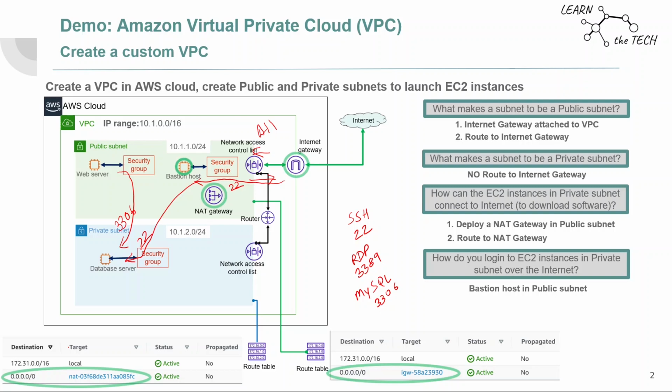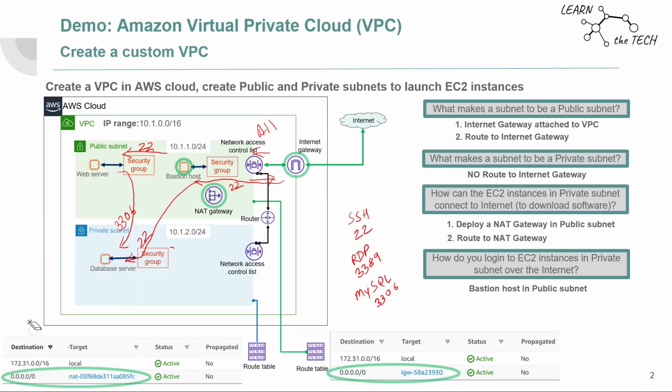Now to log into the web server, you have two options. Either allow access coming from the internet on port 22 on the web server. However, this is not a very good practice.